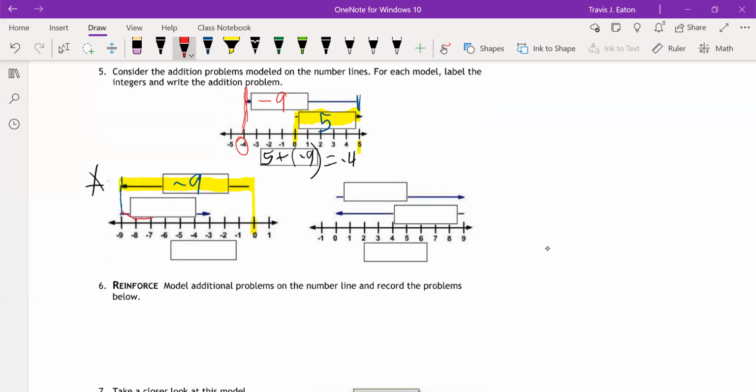We're going this way on our second step to here. So how much are we moving from -9? We're moving to the right, so that means we're adding a positive number. How much? Well, 1, 2, 3, 4, 5, 6. We're adding 6. And we ended up at -3. So we can write this down as -9 plus 6 equals -3.